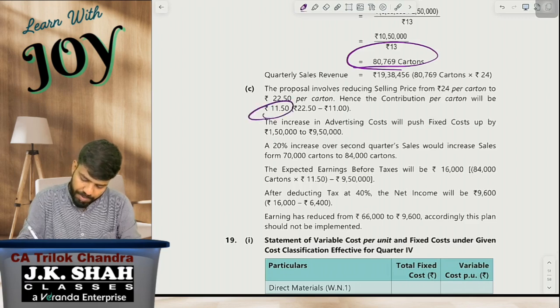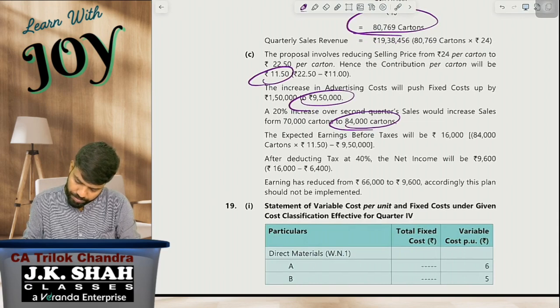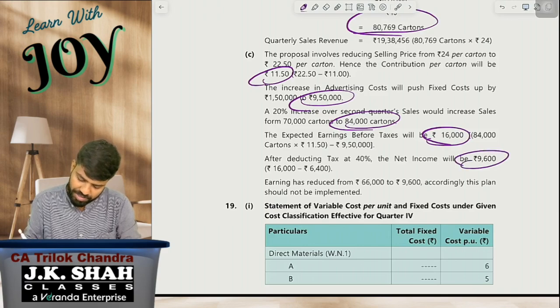See, 11.50, 9,50,000, 84,000 units. So 16,000. After tax, 9,600.